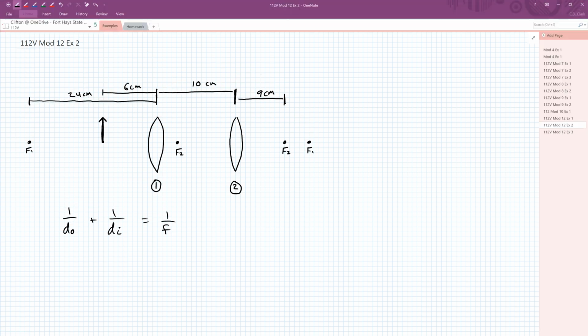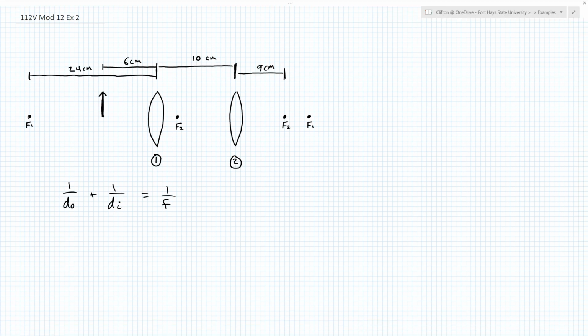So let me use a different color for this. So I have a ray that comes in here, and then it's going to be bent towards that focal point. And then any ray that comes through the center of the lens isn't bent at all, so I can draw a ray that goes through the center here, and that's not going to be bent. And we can see that these are not going to converge to a single point, which means that the ray that is bent towards the focus, we need to project back towards the object.